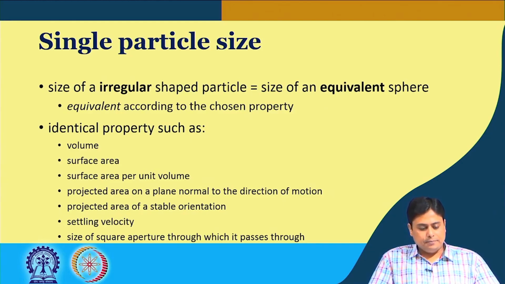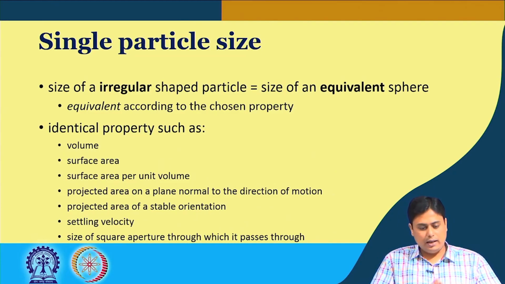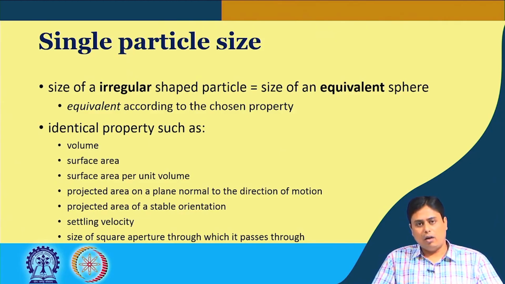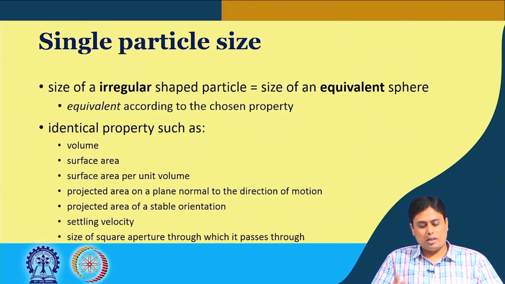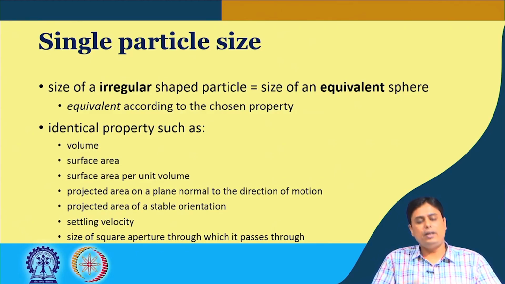What I was trying to mention is that even for a single irregular shaped particle, by doing all these analyses, we can find different dimensions of size, or different measurements of mean size. If you take an irregular shaped particle and equate it with all these varieties of different properties, you get different numbers.